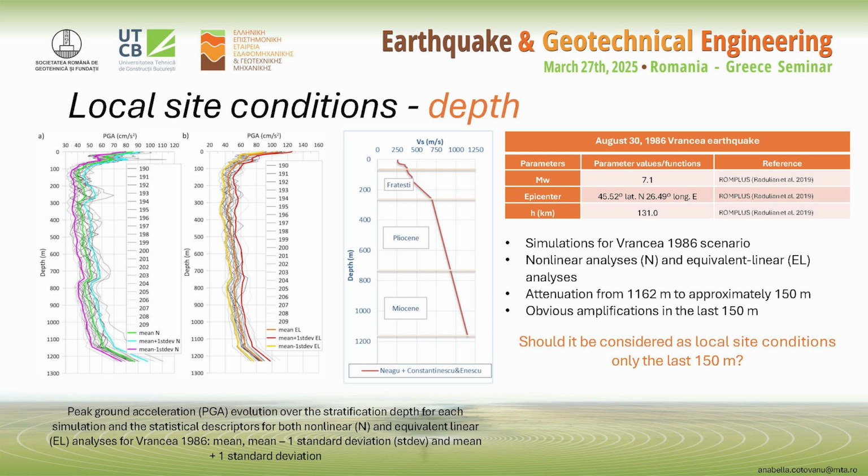If we look at the PGA from the bedrock to approximately 150 meters, the soil conditions attenuate the peak ground acceleration, and for the last 150 meters, the local site conditions amplify the peak ground acceleration.